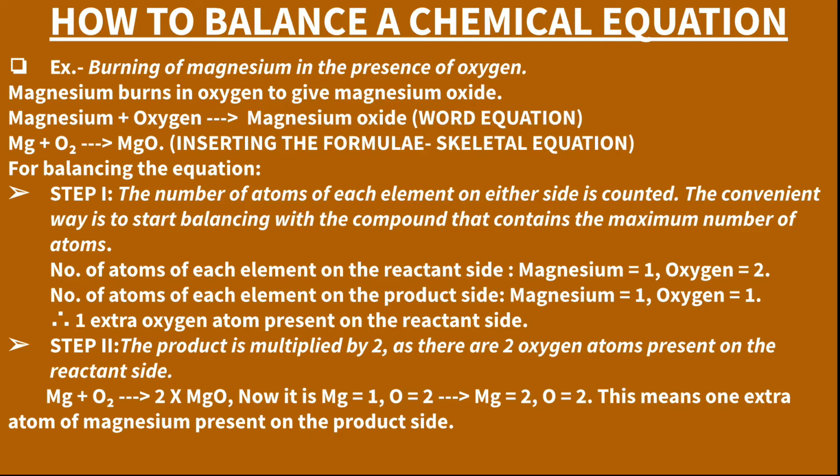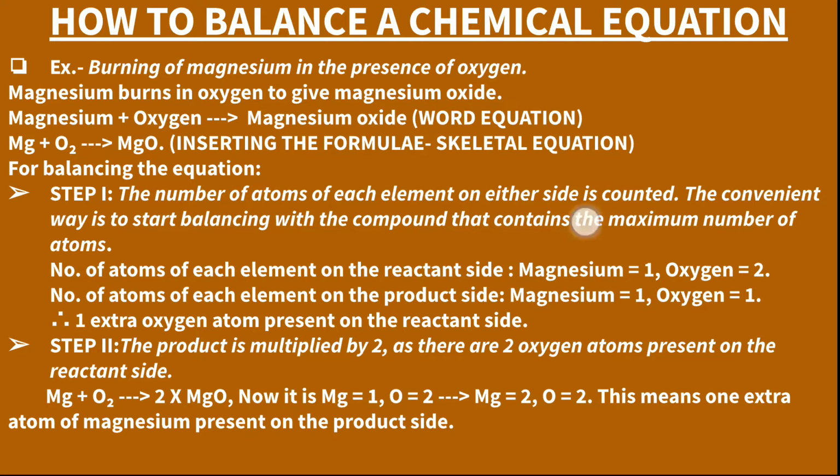The equation will now come like this: Mg plus O2 equals 2 into MgO. Now what happens? On the reactant side Mg is equal to 1 and O is equal to 2, and on the product side Mg is equal to 2 and O is equal to 2. This means one extra atom of magnesium is present on the product side.